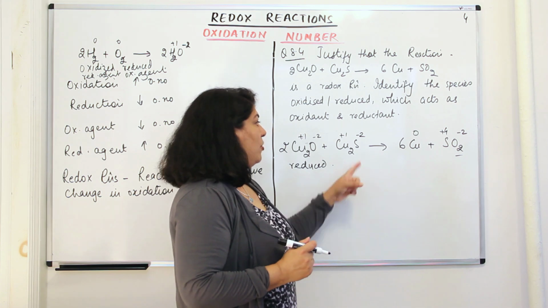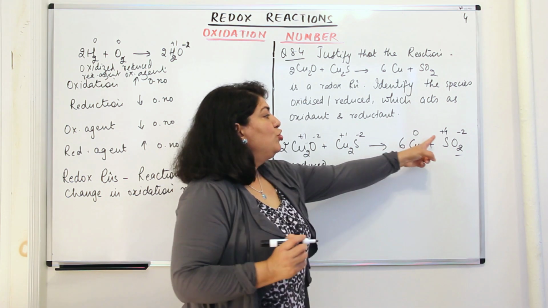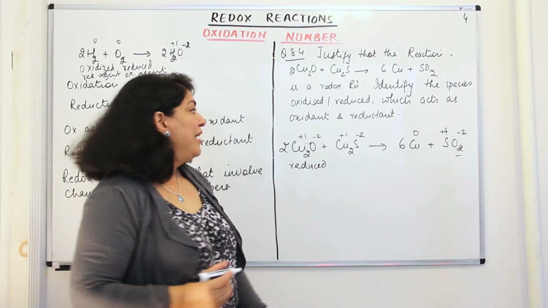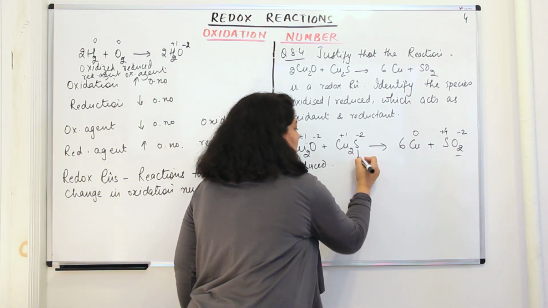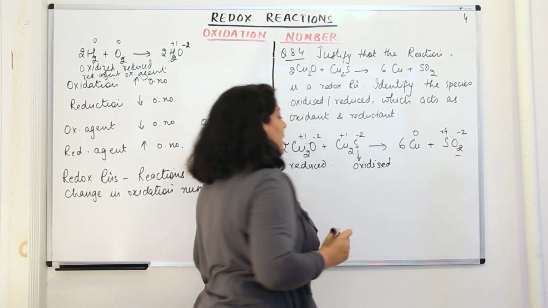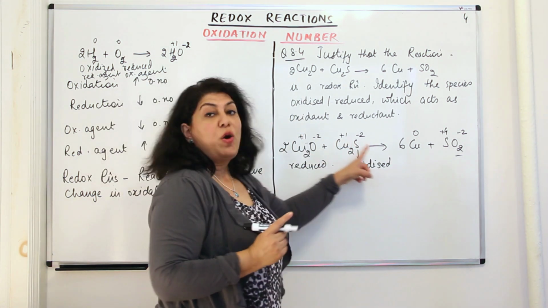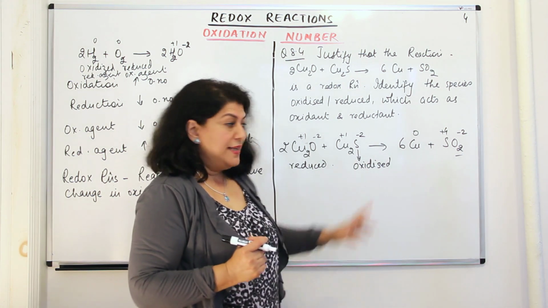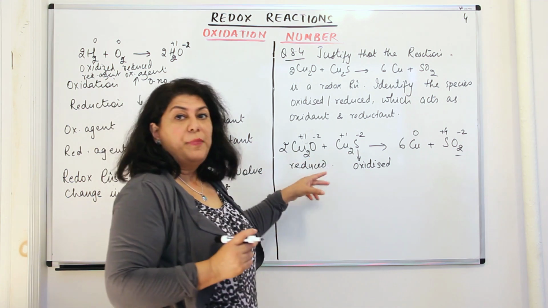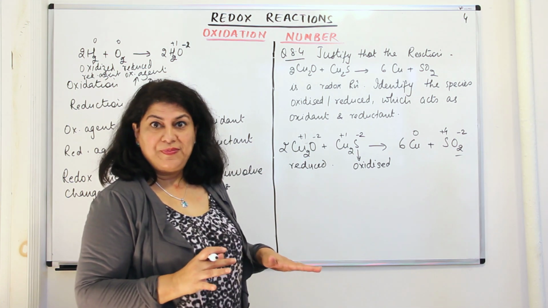Let us come to sulfur now. Sulfur changes from -2 to +4. So oxidation number is increasing in the case of sulfur. So sulfur is the species which is getting oxidized. So what will we say? We'll say sulfur from copper sulfide is getting oxidized, and copper from both the compounds is getting reduced.